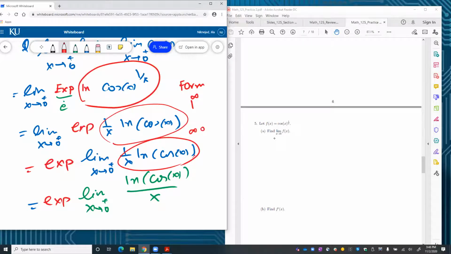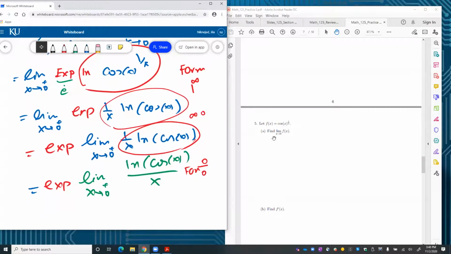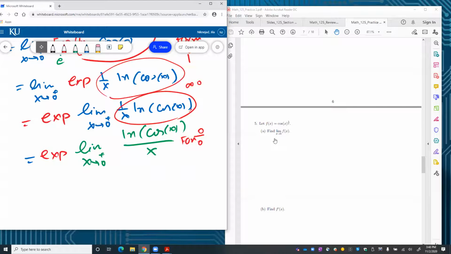Now I switched it to 0 over 0. So that's how it went. Forms are changing. The reason that I'm doing this is because it's an indeterminate form, right? And so now, the next step is to use the L'Hopital rule, because I'm 0 over 0.